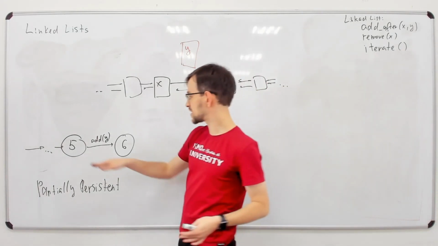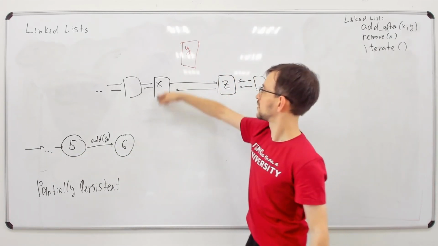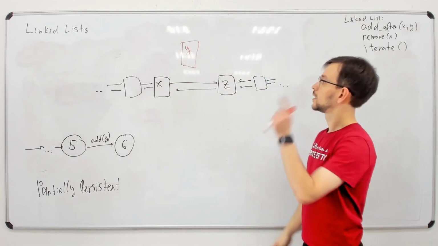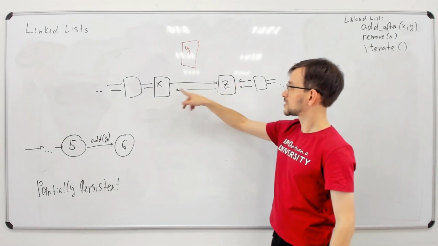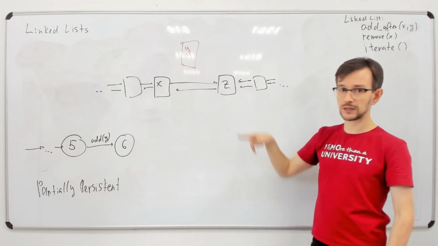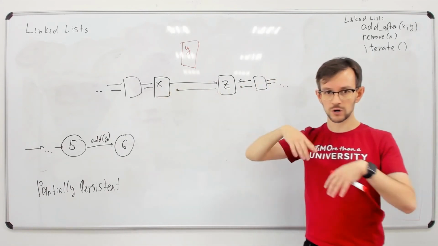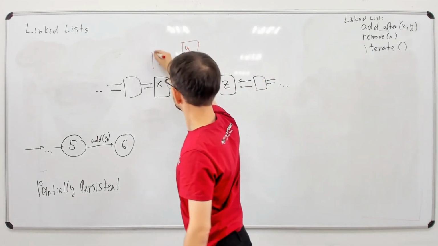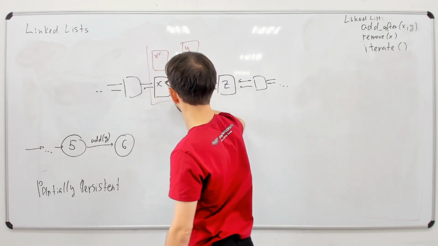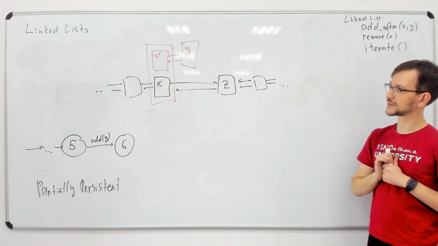And we want to be able to access both these versions. So we want to be able to move along this list, and to move along the list which includes this element y. How can we do it? Let's maintain two versions of these two nodes. For these two nodes x and z, we will maintain two versions of each node. One version is before we add element y, and another version uses this node y, like this.